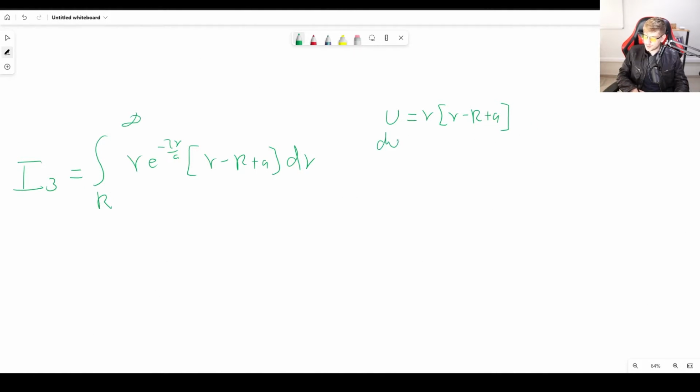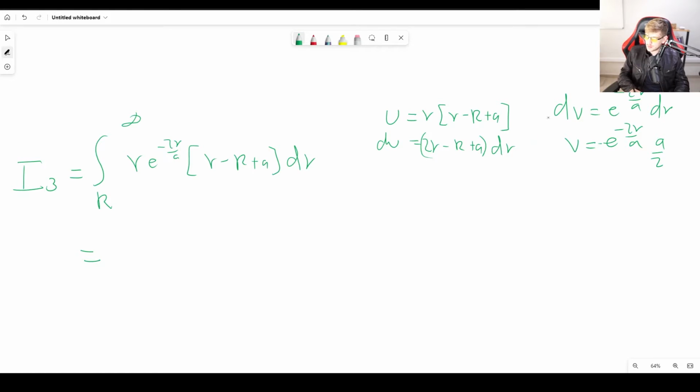And du will be, again, derivative of the first part times the rest, plus the first part times the derivative of the rest. So this will leave us with 2r and all of this dr. And dv, as usual, is the exponential. So v is e to the minus 2 over a, times, of course, minus a over 2. So now let's continue.